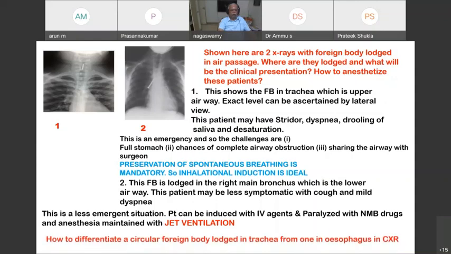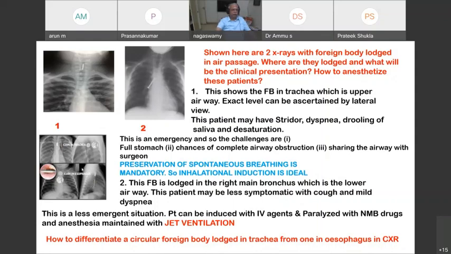So how to differentiate a circular foreign body lodged in the trachea from one that is lodged in the esophagus? How do they look? It will appear oval in the esophagus, and it looks like a vertical line in the trachea.